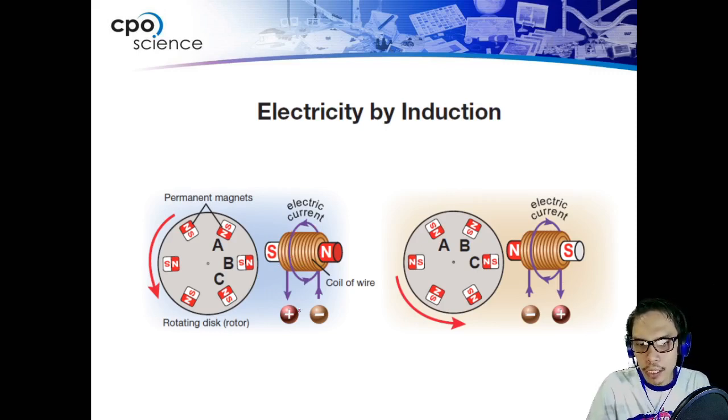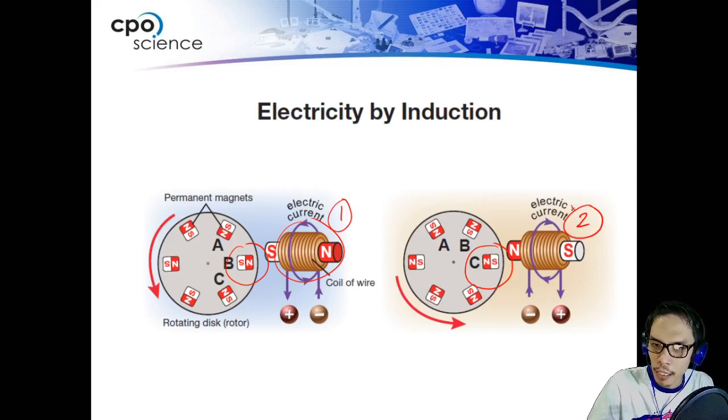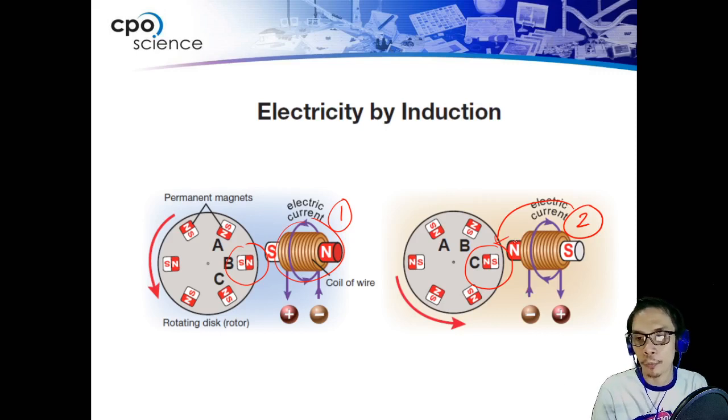As you can see here, when the north pole is faced with this loop of wire, the direction of the current is going in the direction stated on this diagram. When the south is facing the loop of wire, the direction that we had earlier is already changed, and that is because the south pole of the magnet is facing this loop of wire.